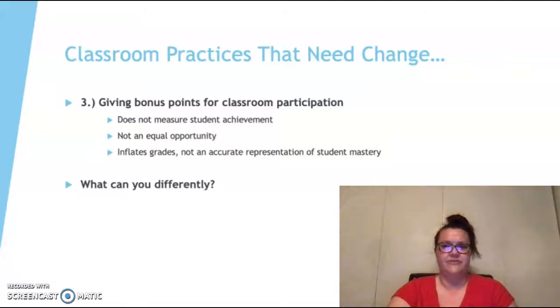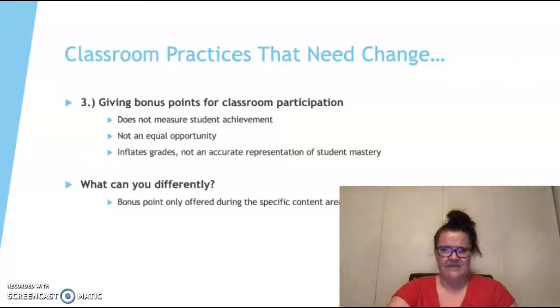So what can you do differently in regard to bonus points? They should only be rewarded if it addresses the same content presented, not at the very end of a quarter. According to Allen, if they are granted at the end of a quarter, grades will become inflated and not be an accurate reflection of mastery.